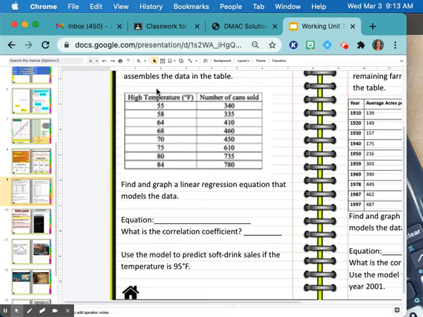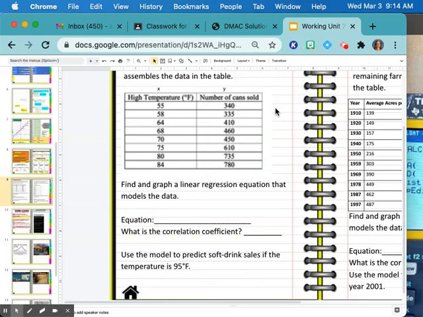So our high temperature is going to be the X value or the L1. And our number of cans sold is going to be the Y value. If you want to clear the memory in your calculator, you can.